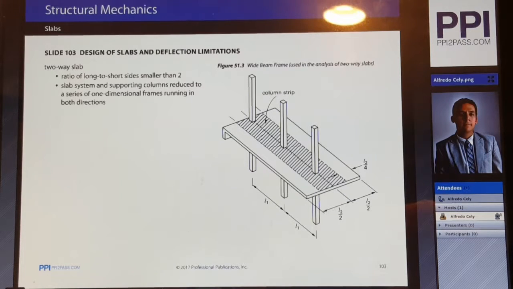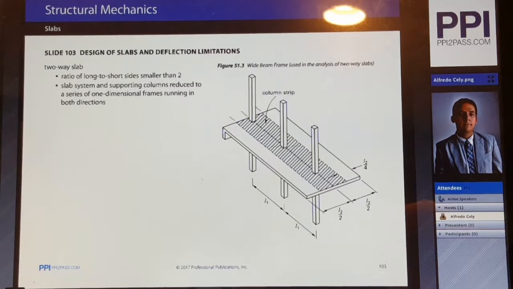As figure 51.3 shows, the beams in the frames are wide elements whose edges are defined by the width between the columns. Two-way slabs are not common in breadth exam problems, except you may have broad conceptual problems that do not require detailed analysis.